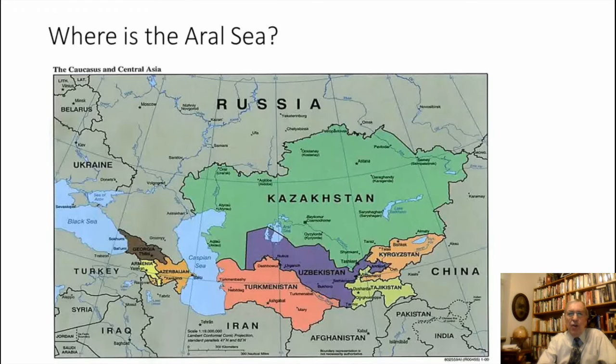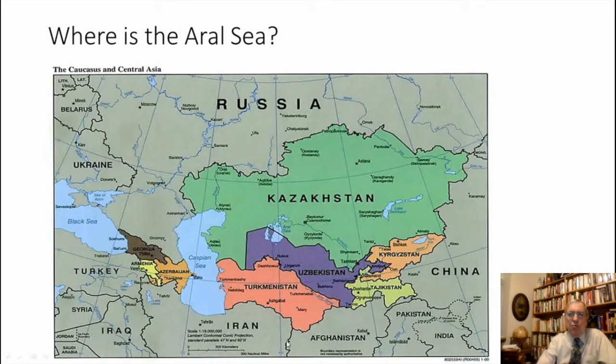This is where it's located. It used to be part of the Soviet Union. Now it's a separate country of Kazakhstan on the border of Uzbekistan. Here's that lake right here. Again, it was about half the size of the state of Ohio, and now it's just down to a couple of large ponds. Here's the Caspian Sea here. We're north of Iran and Afghanistan.